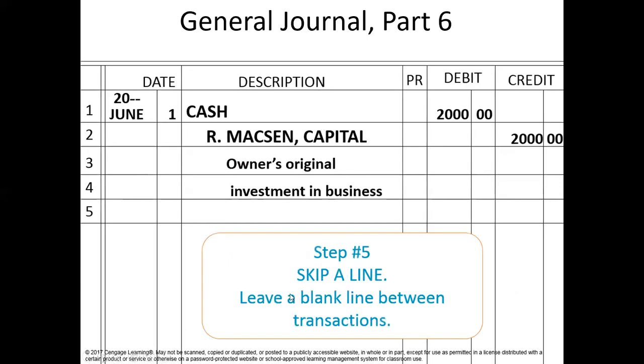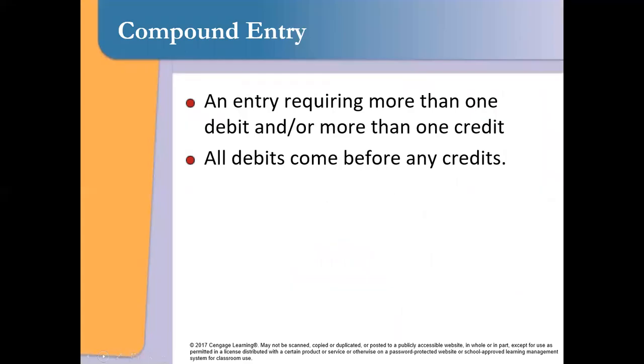Now, once we've done that, we skip a line just for readability. We skip a line so we know that this is a transaction all by itself. All right, compound entries. Now, here's what I mentioned earlier, that each transaction is at least 2 accounts, but it could be more.